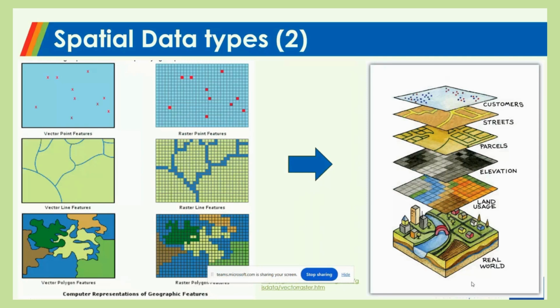Are you using raster spatial data types in your daily routine? What do you think? That's a question, feel free to open your microphone. Do you see any raster images? Maybe while watching TV, whatever you see on the TV screen is a raster image.